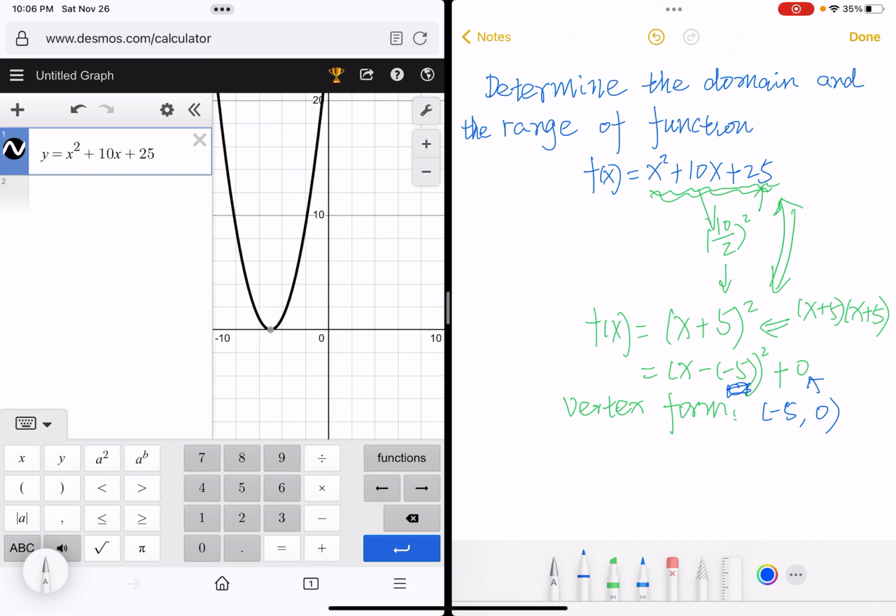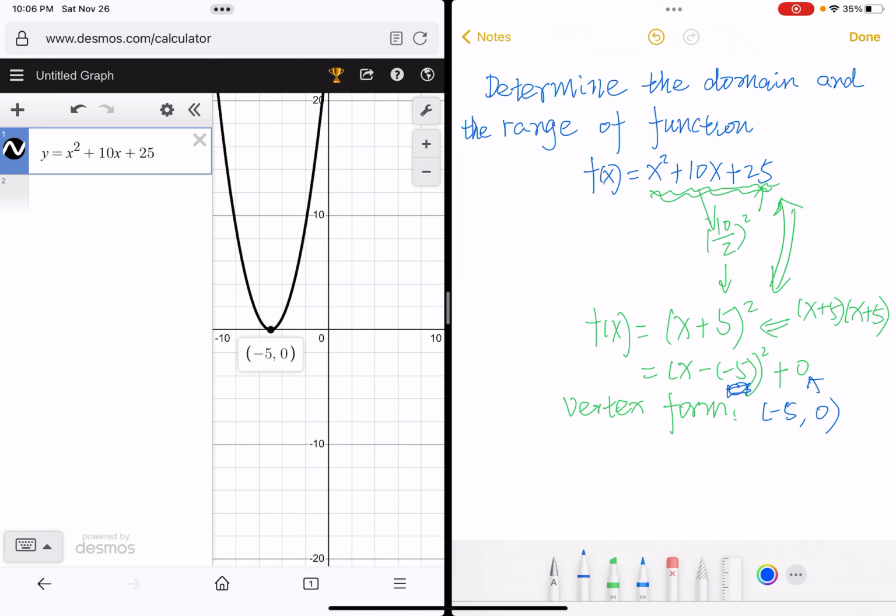Then you can see here is (-5, 0). That's basically the vertex. We can see from here, x can choose any value. x can choose any values.